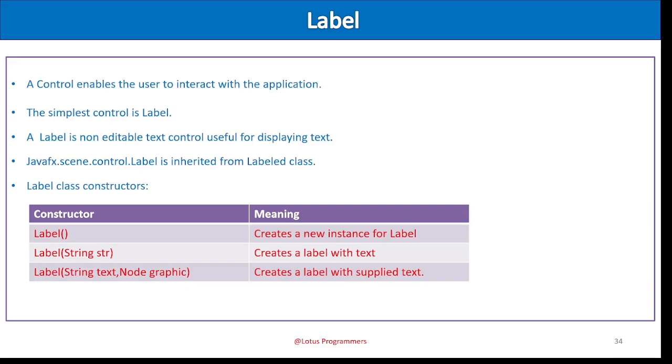The next constructor contains two arguments, one is a text argument, the second one is a graphic argument, that is used for creating a label not only with the text message, and we are able to add a graphic also. That means we are able to add an image also. How to add an image to the label control we will understand in coming videos.